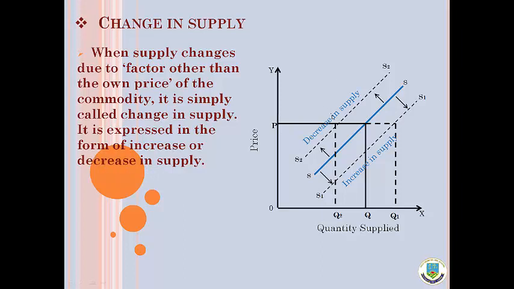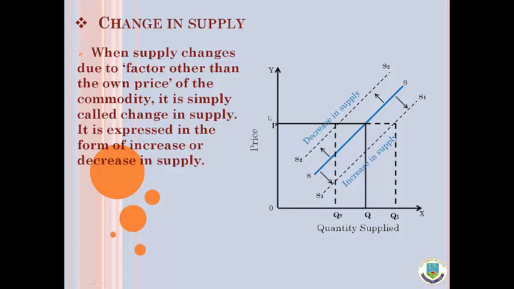This is a diagram of change in supply. Diagrammatically, change in supply is called shift in supply curve. Here price remains constant at OP, but quantity supplied changes due to change in other factors. At OP price, quantity supplied is OQ. SS is the supply curve.